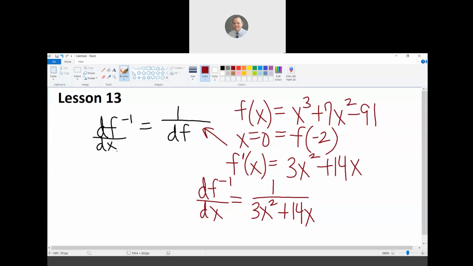Now, to find the value f of negative 2, you just replace each x in your derivative inverse with negative 2. So we have now 1 over 3 times negative 2 squared plus 14 times negative 2.